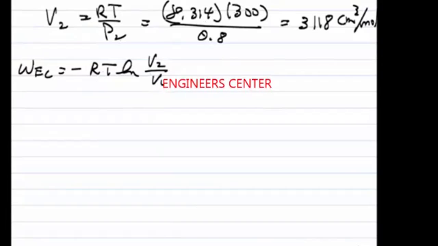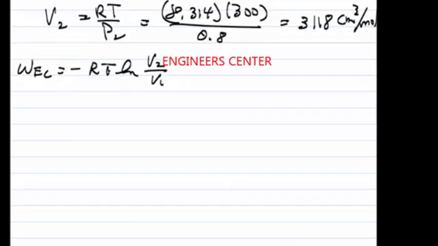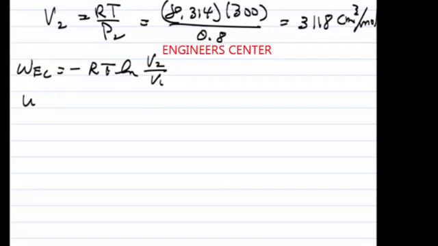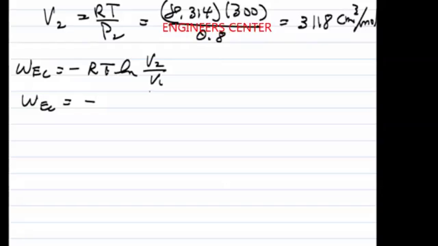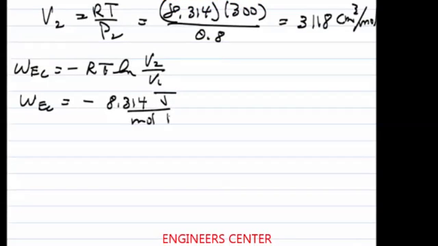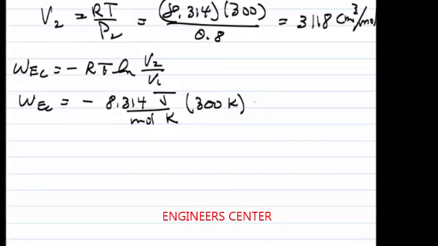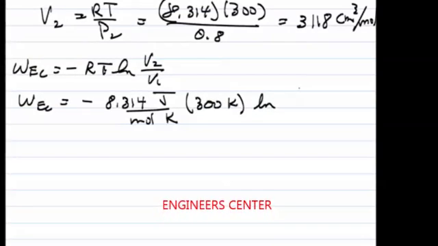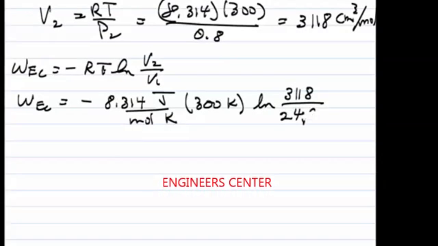So now what we want to do is substitute into the expression we obtained by integrating the integral PdV to get the expansion contraction work. And now I'm going to pick R in units of joules per mole per Kelvin. Temperature is 300 Kelvin. I have the log of the final volume over the initial volume.